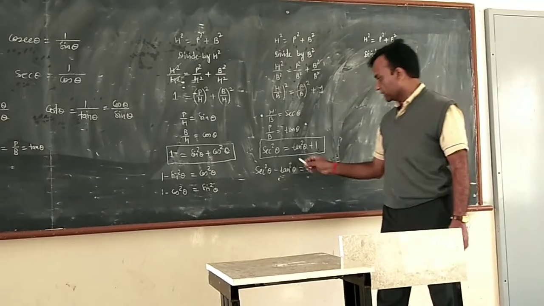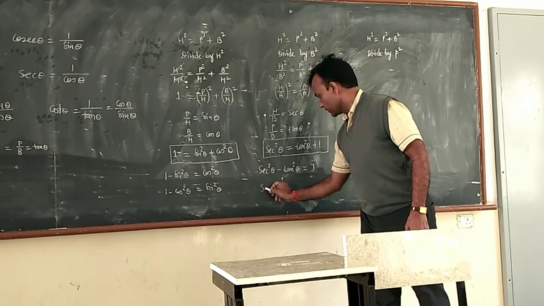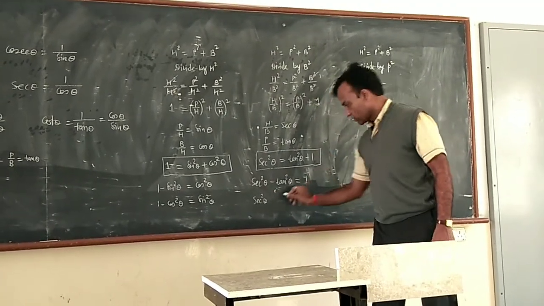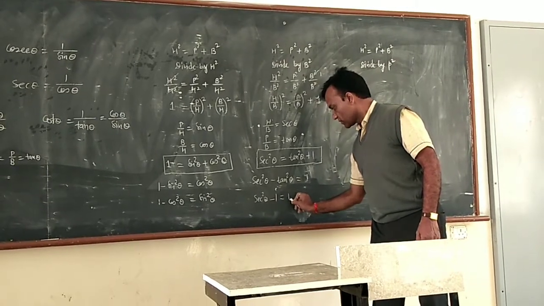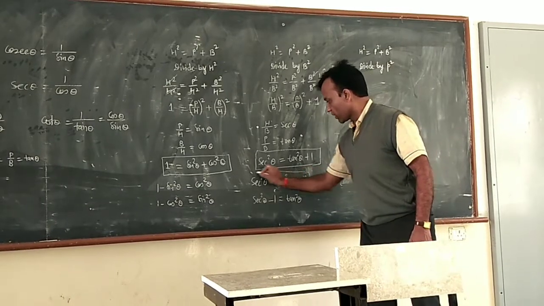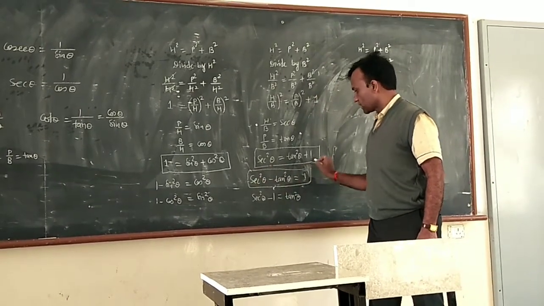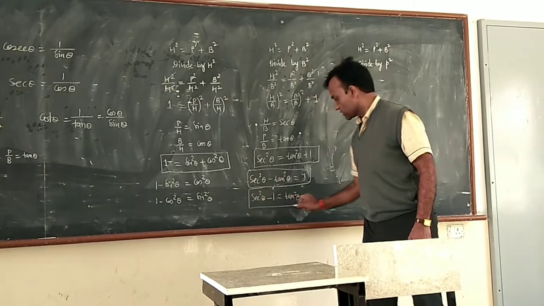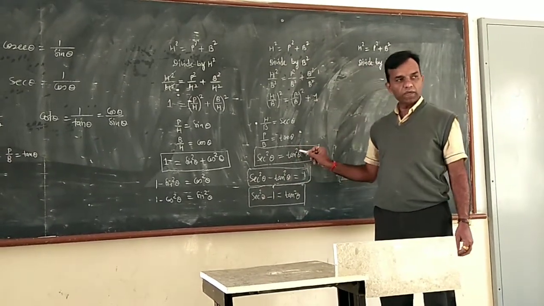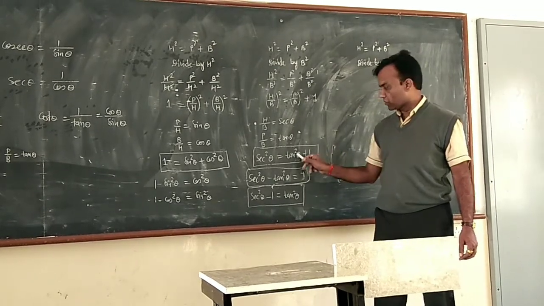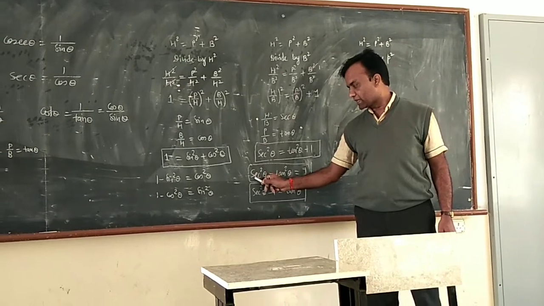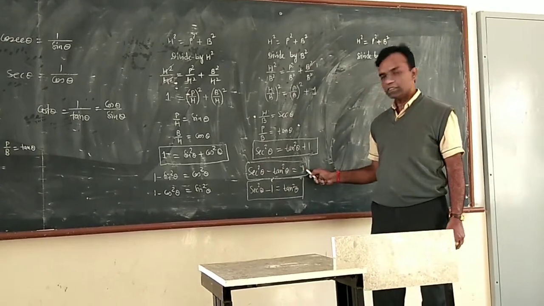Then sec square theta, and then replace by this 1. So you have minus 1 here and equal to tan square theta. So two more identities you form, that is sec square theta minus tan square theta is 1.